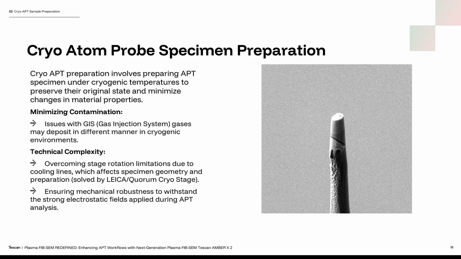One of the main benefits is reducing the risk of damage and chemical changes during the FIB milling process, but it also introduces specific challenges. For example, gases from the gas injection system behave differently at cryogenic temperatures, often requiring adjusted workflows or alternative approaches to avoid unwanted deposits.